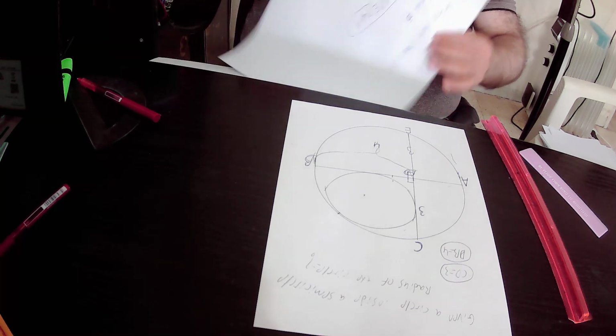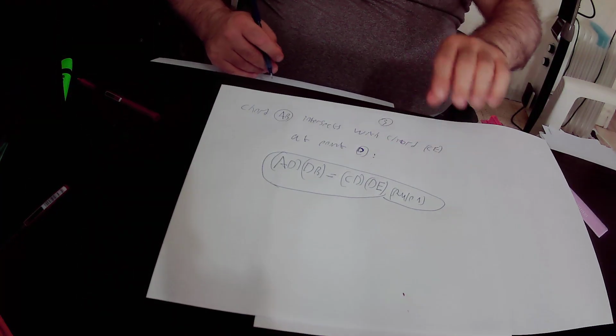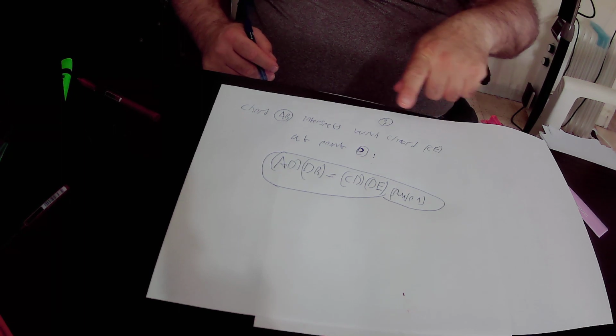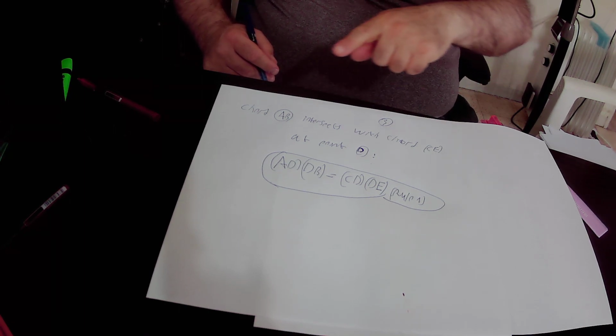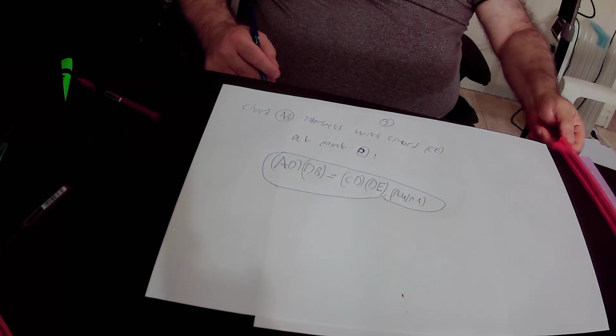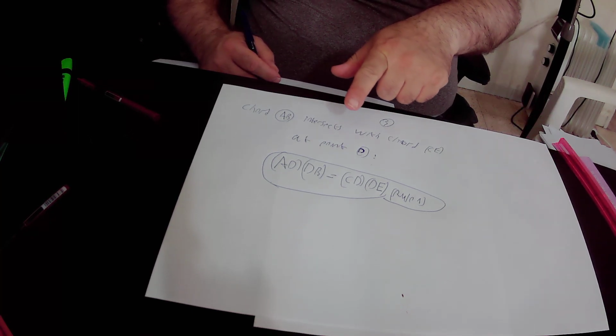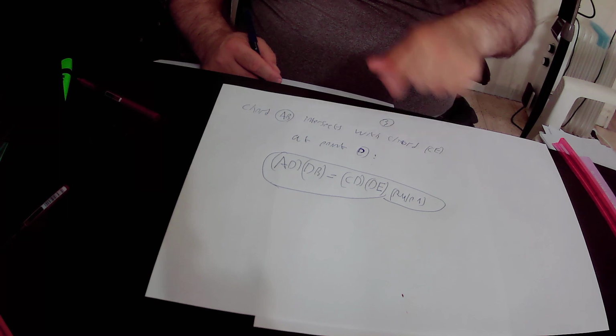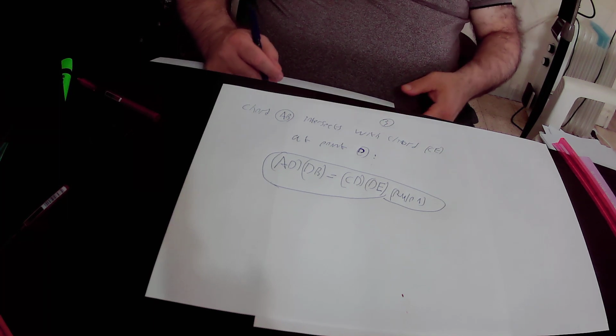I repeat again. Chord AB intersects with chord CE at point D. Point D is the intersection point of chord AB with chord CE. Therefore, according to rule number 1, we will get that AD times DB equals CD times DE. Okay?